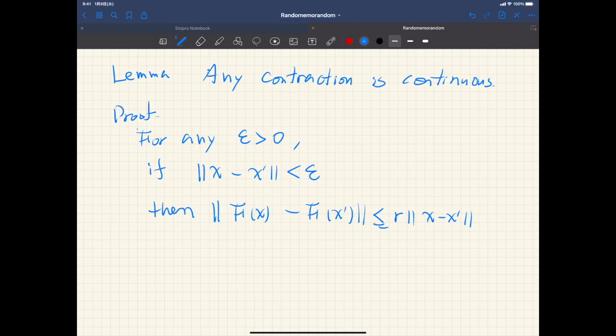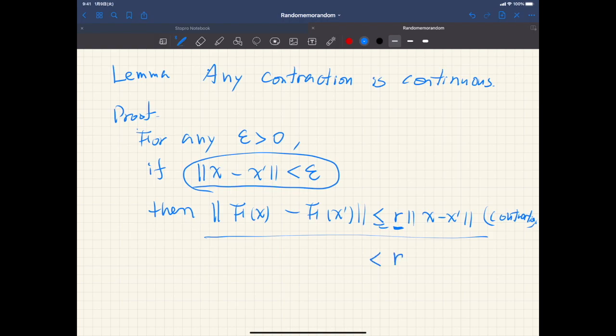Because this f is assumed to be a contraction, there exists some real number r between 0 and 1, not including 1, and this holds. So this is because of contraction. And now, since we are assuming this is less than epsilon, this is less than r epsilon.